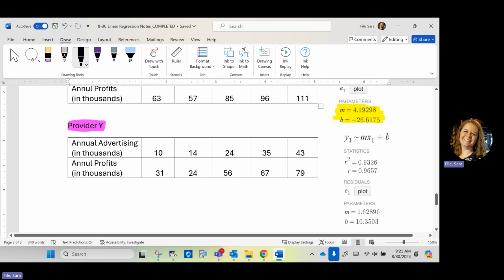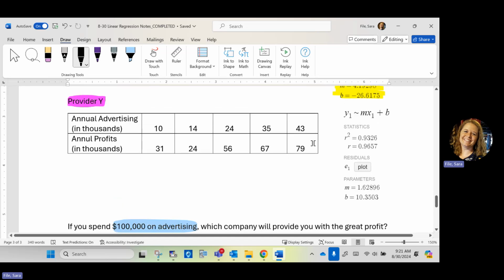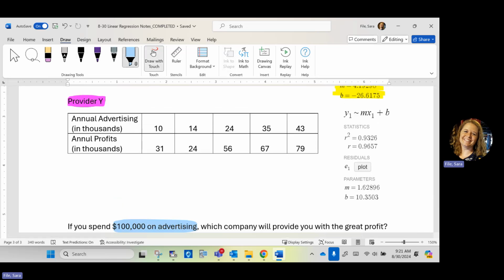All right, so for provider Y, I'm looking at this m and b. I'm going to write my equation. 1.629x plus 10.350.